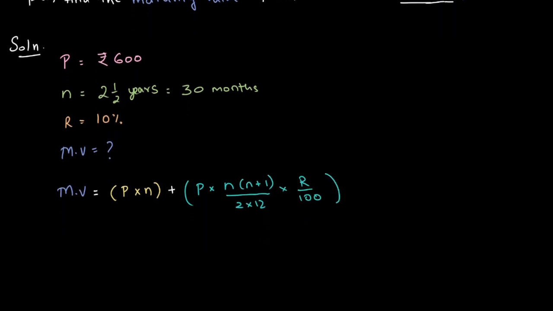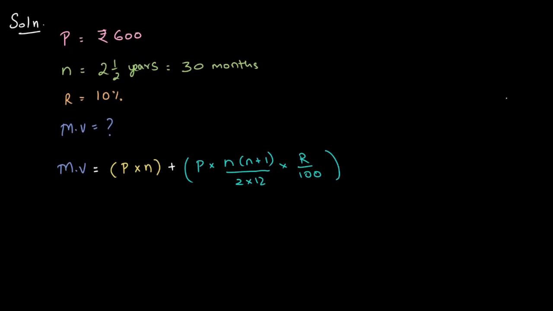Okay, so we've got the terms given to us, we've got all the values. Let's just substitute them and solve them real quick. First, let's calculate the amount deposited. P is 600 and the number of months is 30, so 600 into 30, plus we need to find the interest, so let's start substituting the values here.